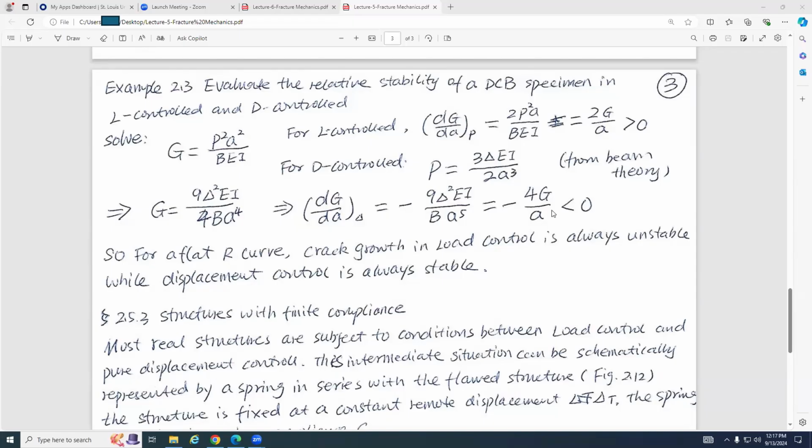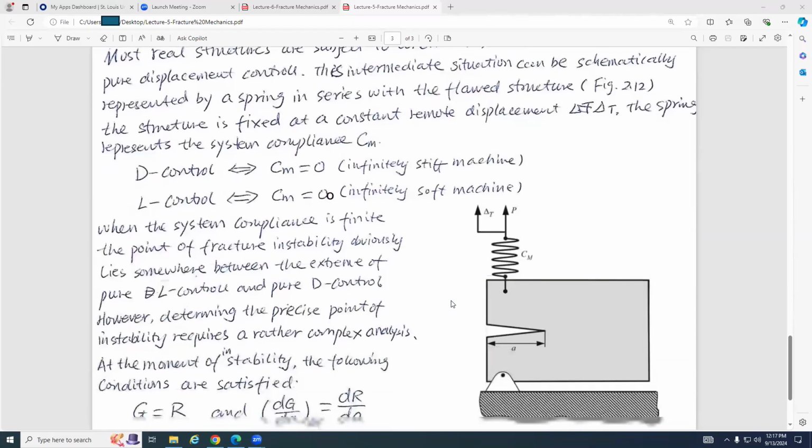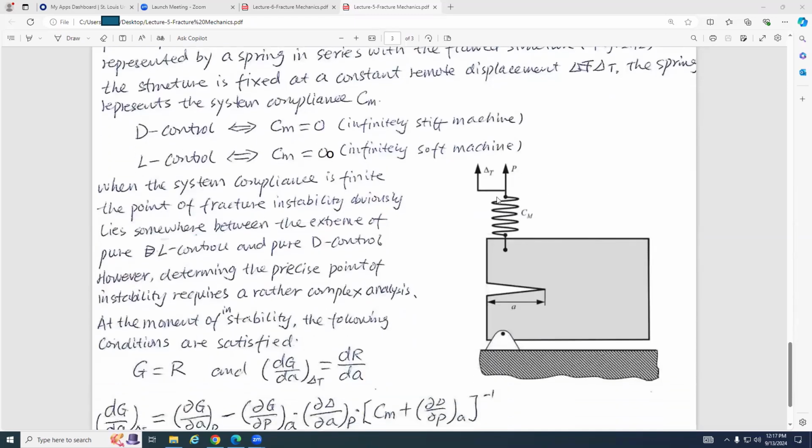Then we look at the structure with a finite compliance. Here are the two extremes. Most real structures are subject to conditions between load control and pure displacement control. This intermediate situation can be schematically represented by a spring in series with the cracked structure. Here this is CM and this is a cracked body.